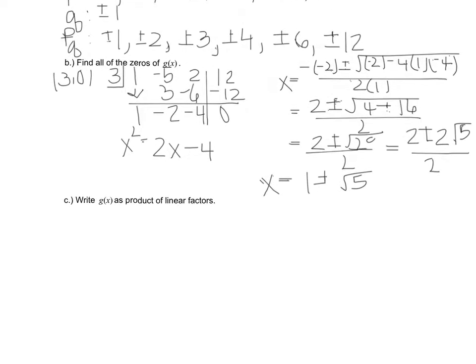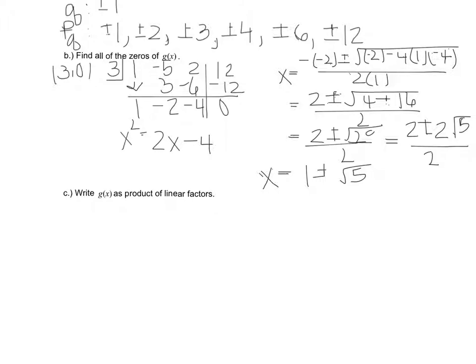So now we want to write our function as a product of its linear factors. So we're going to start with the rational 0. So with 3 being a rational 0, I know it gets written as a factor of x minus 3. Then we're going to write 1 plus square root 5 as a 0, which becomes x minus, then in parentheses, 1 plus square root 5.